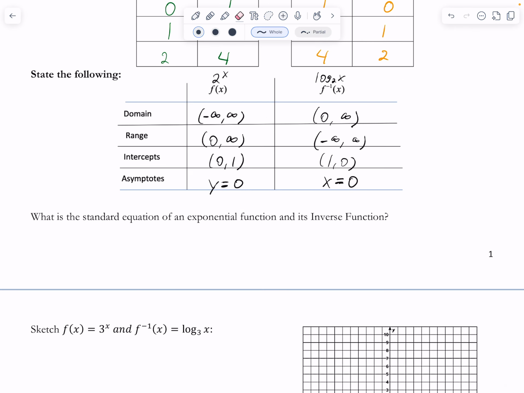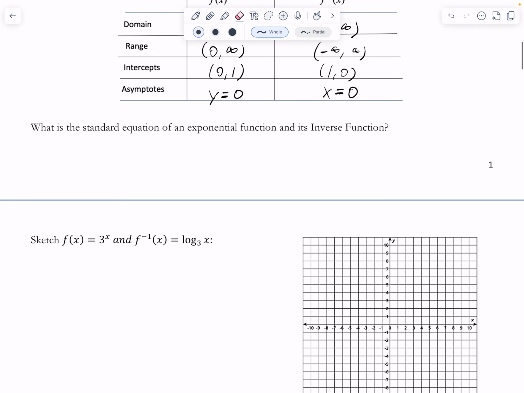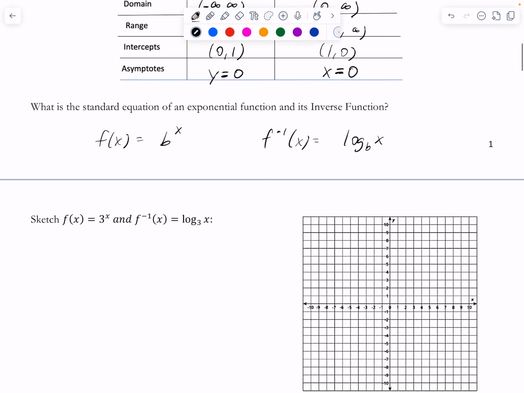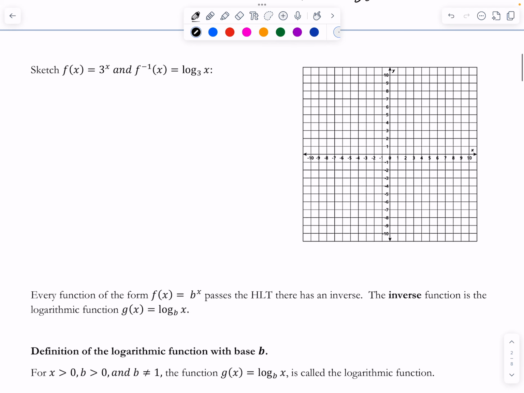So the standard equation of an exponential function and its inverse is: if we have f of x equals b raised to the power of x, the inverse of that is going to be log base b of x. Okay, so let's sketch another very basic one.